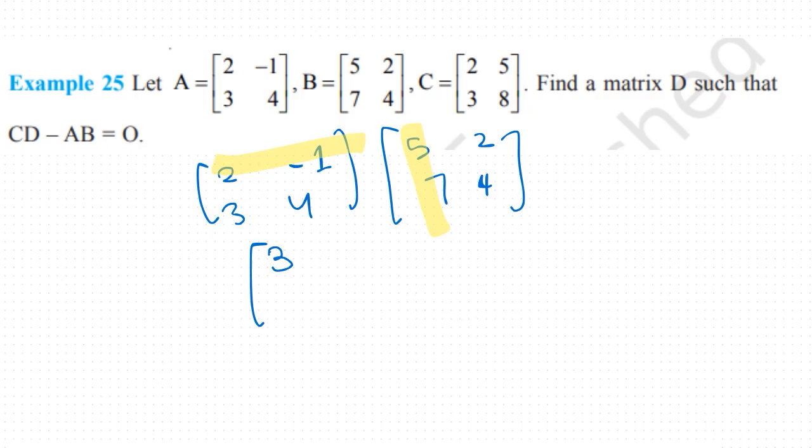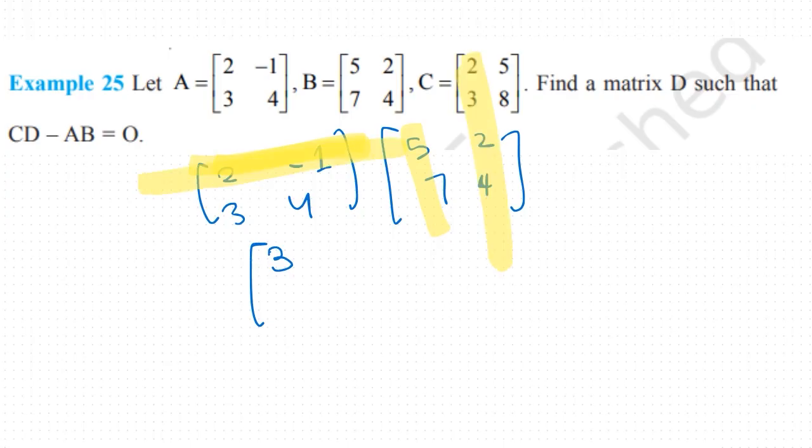And then second row with second column. We are still talking about this only. Now we will do this one. So minus 5, minus 7, so minus 12. So this with now this.